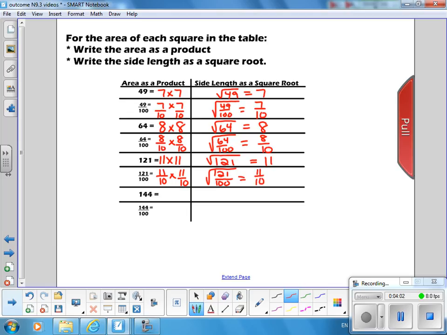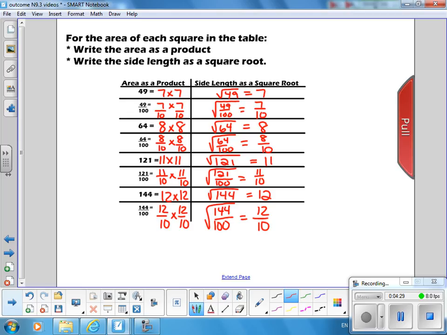Square root of 121 is 11. Square root of 100 is 10. 144 is 12 times 12. So the square root of 144 is 12. 144 over 100, so it would be 12 over 10 times 12 over 10. So therefore, the square root of 144 over 100 is 12 over 10.